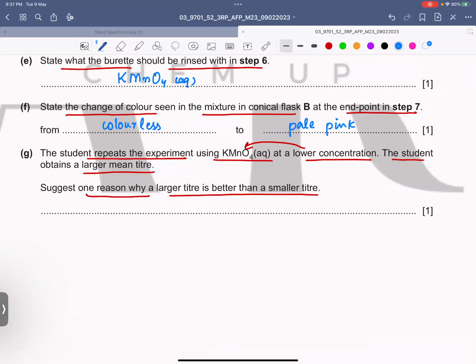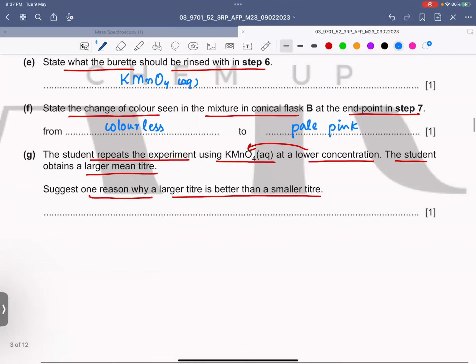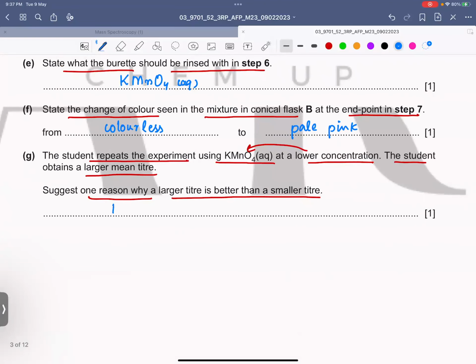If you recall how to calculate the percentage error, the error would be the same, but the volume that we used gets greater. So obviously the percentage error would decrease. Is this part clear to everyone? Yes, sir.